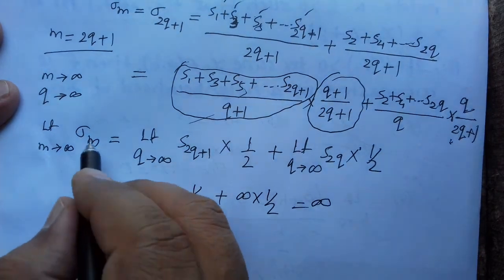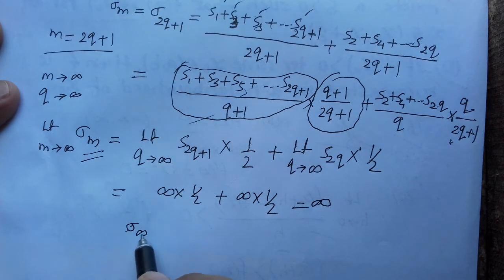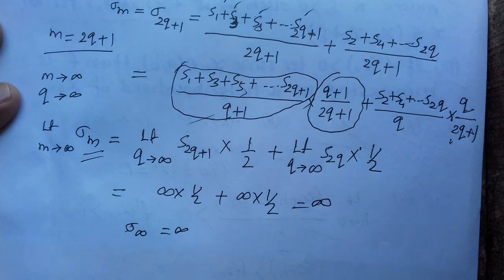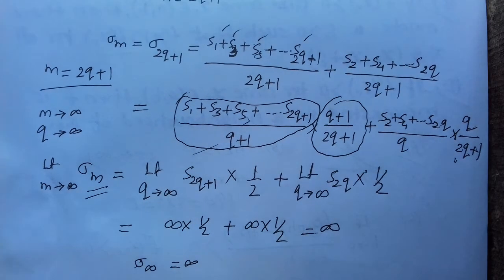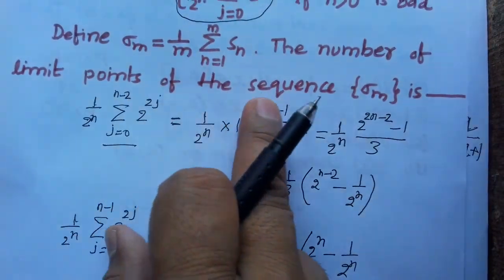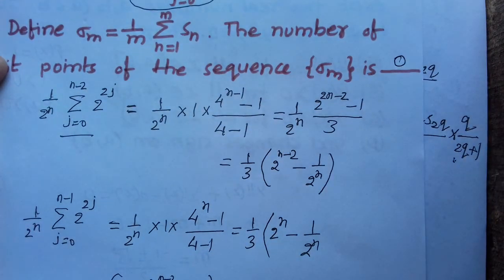This means that rho infinity is infinity, so the sequence is divergent, and you are not getting any limit point. Hence the number of limit points of the sequence will be 0. So this is the right answer. Now this solution is over.